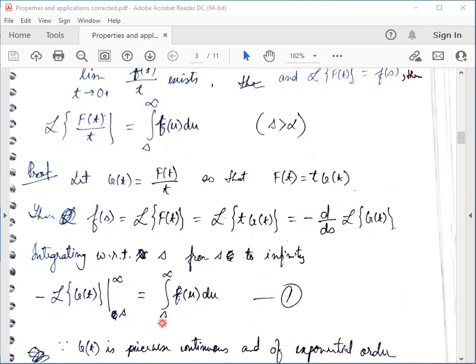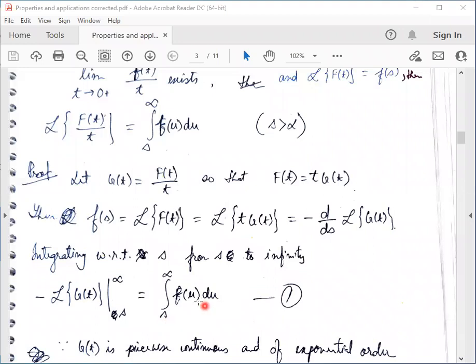And since the variable s is used as a lower limit here, we normally change the variable of integration to some other letter. So we have written it as u. So f(u) du, because the letter s is already used here in the lower limit.